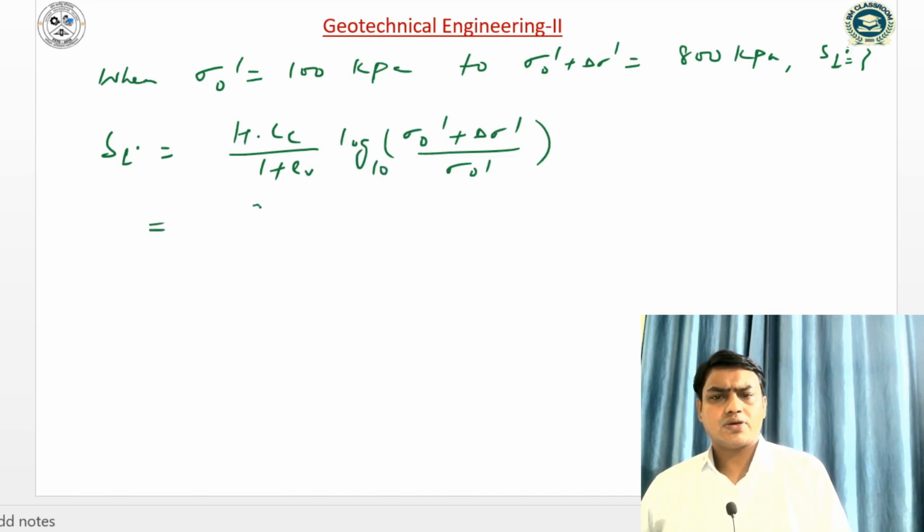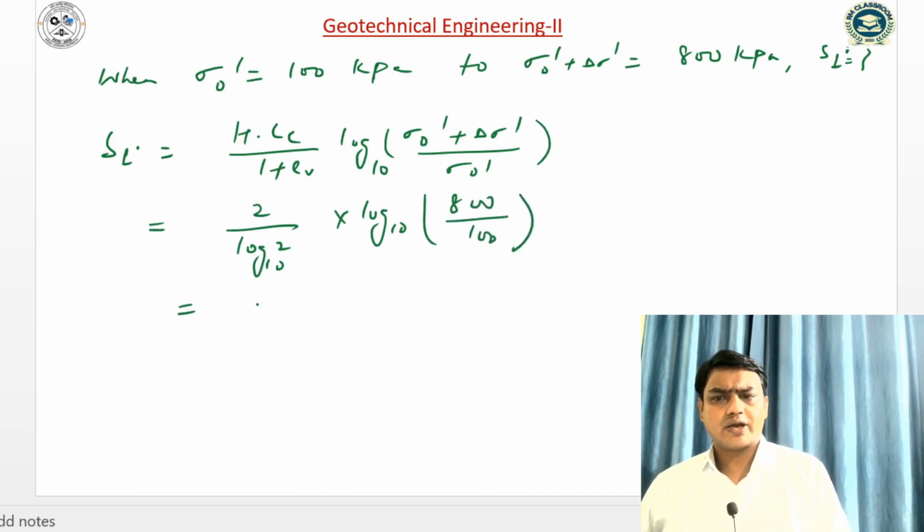So it will be 2 by log 2 to the base 10 into log of 800 divided by 100. So we can write 2 divided by log 2 to the base 10 into log 8 to the base 10.